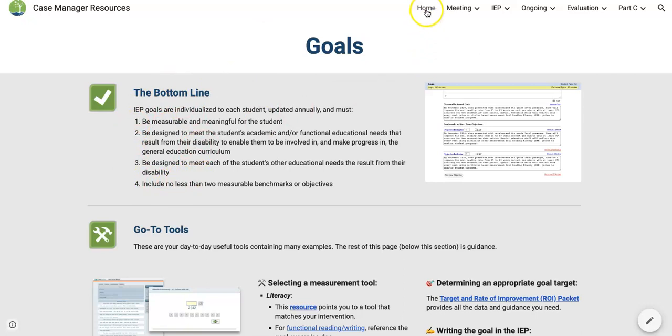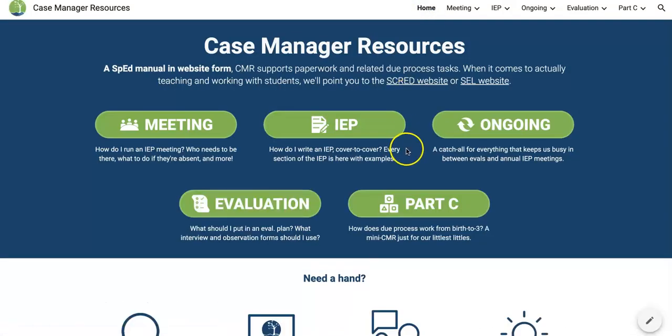One of the great ways to do that is to access what we call the CIMP rubric. CIMP, C-I-M-P, stands for Continuous Improvement Monitoring Process. And that's an internal activity that we do to essentially do a quality check and provide feedback on paperwork to case managers in our district.